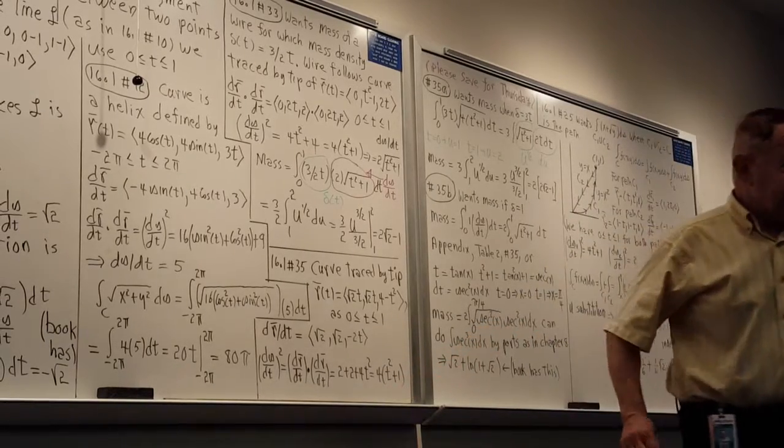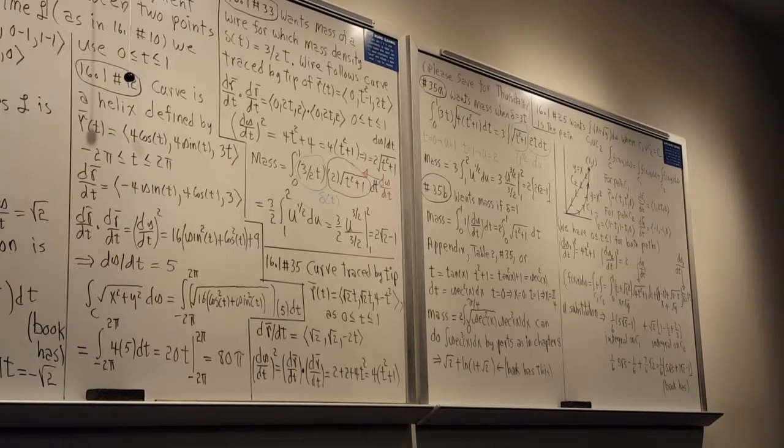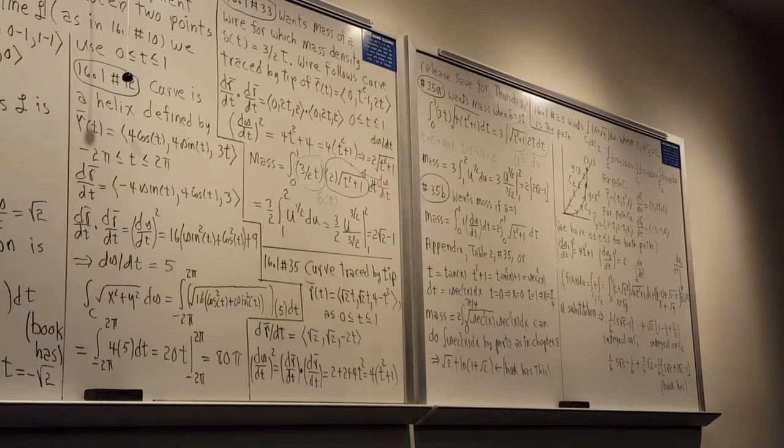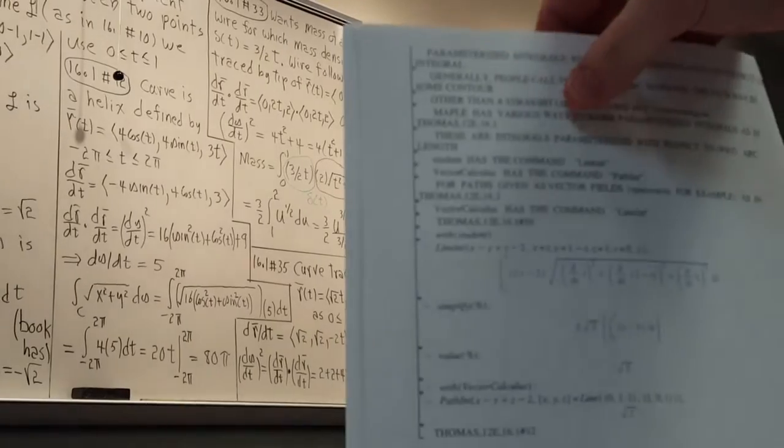Now let's look at our Maple. If you do LineInt, then you have to put in what the parameterization is and the limits.